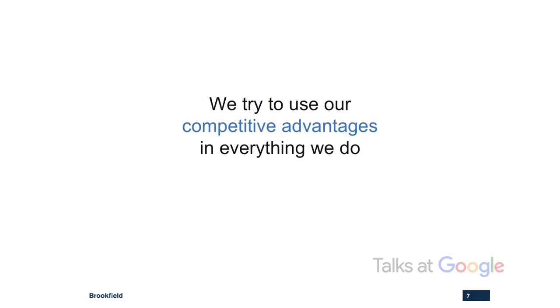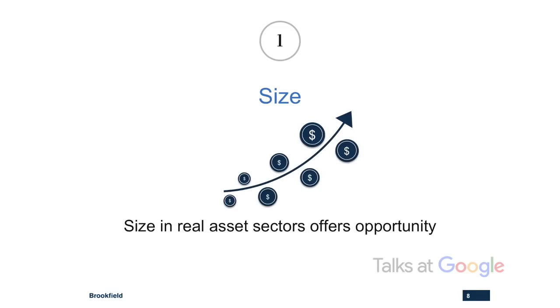And there's really 4 that I'd like to highlight to you. When you think about real estate or infrastructure investing, these are really 4 characteristics we think can be very helpful. As I said, size does not necessarily generate profitability. But given the scale that we have, we've been able to use size as a differentiator.